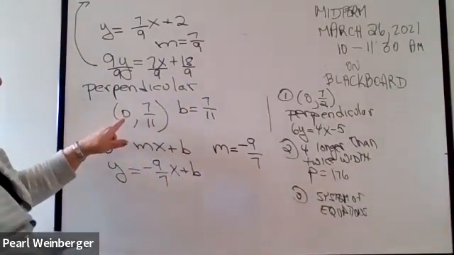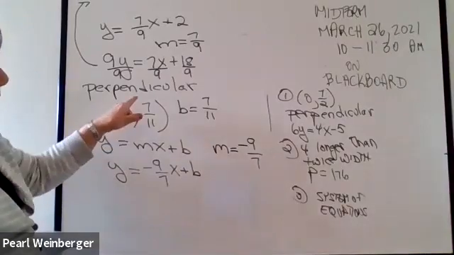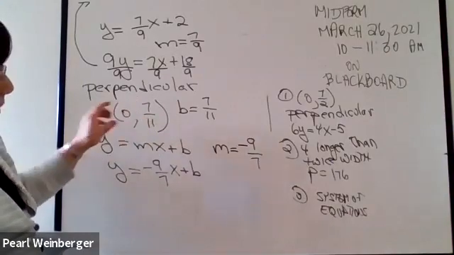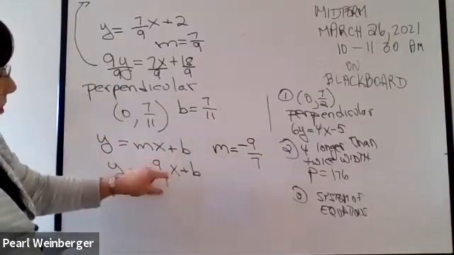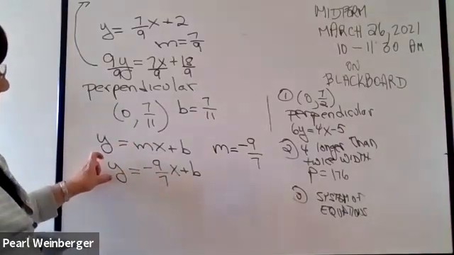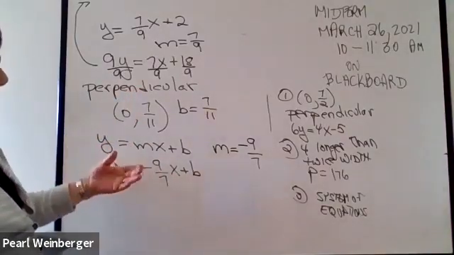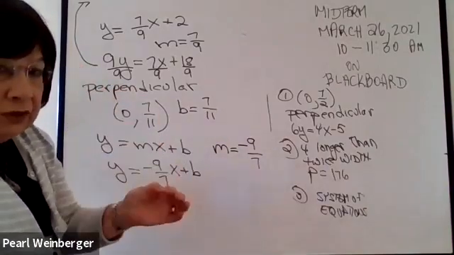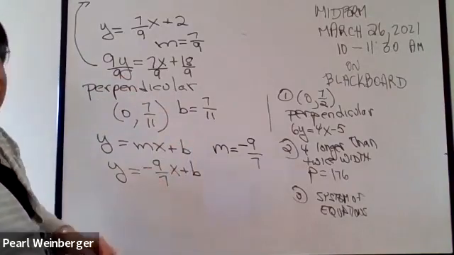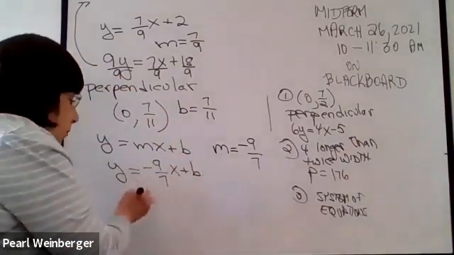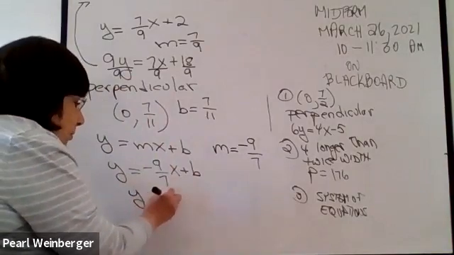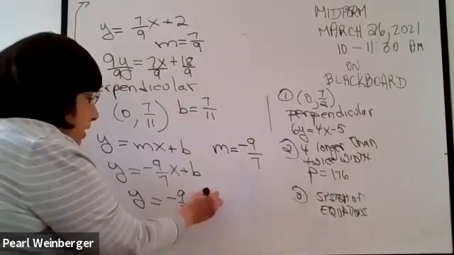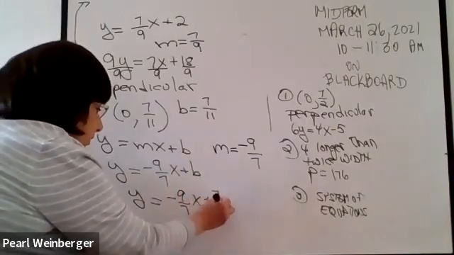Since the line goes through the point (0, 7/11), I don't have to do any work on the b. Anytime the x value is 0, the other number, the y, is the y-intercept. So my equation becomes y equals negative 9/7 x plus 7/11.